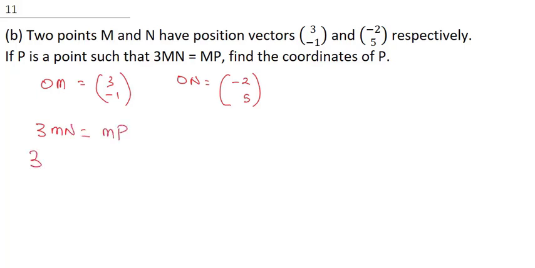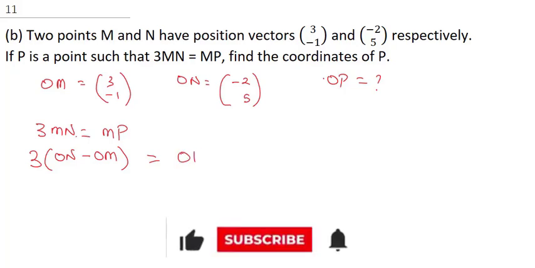Now, in vector analysis, when you have MN, with the reference point, it's going to be ON minus OM. Now, when you have MP, recall that P is a vector on its own, so with the reference point it is going to be OP. So this is going to be what? OP minus OM.